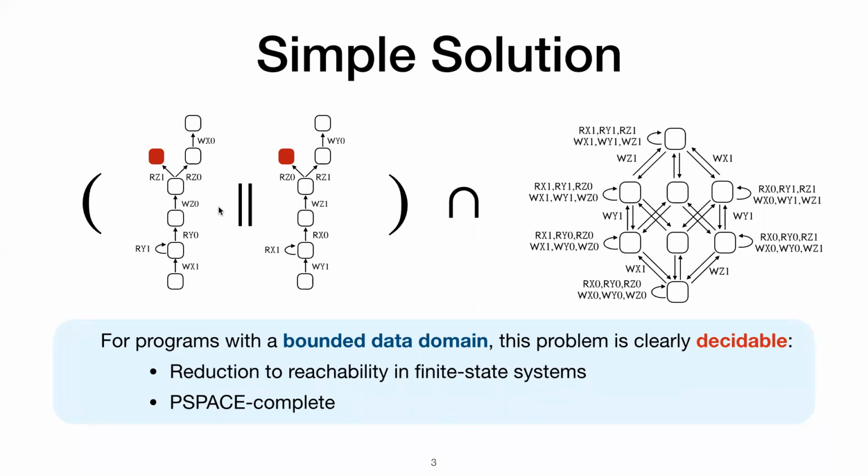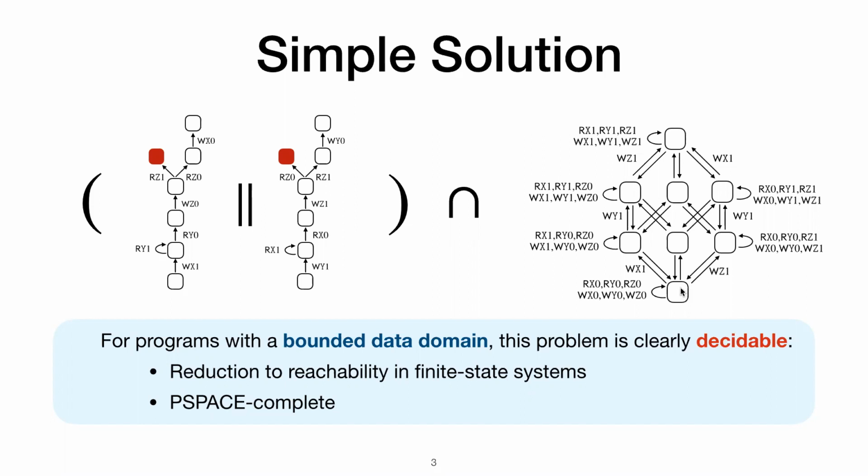We take the interleaving of these two automata, meaning at each step, either of them takes a step in the product of these two machines. Now, for this to be correct, we need to synchronize it with what the memory allows. This is how we can represent the memory, assuming finite state programs, namely a finite number of variables and a finite number of values, in this case just 0 and 1.